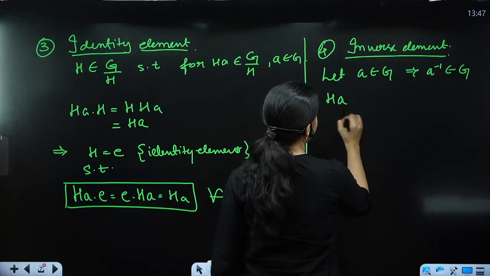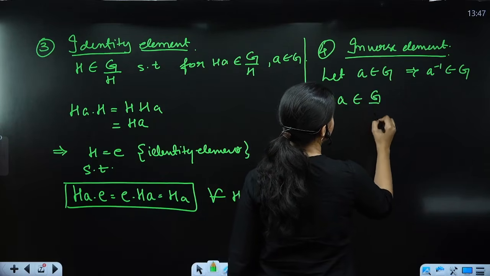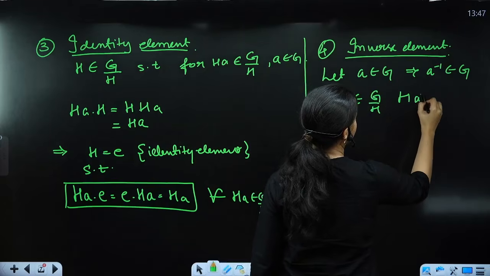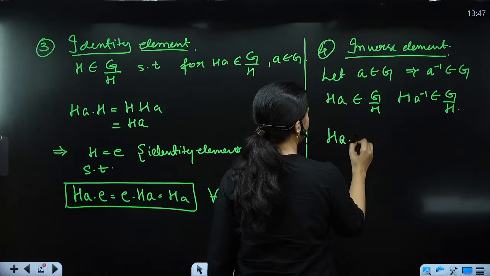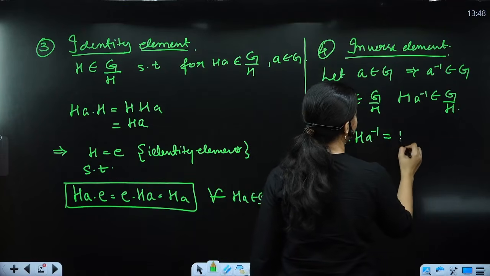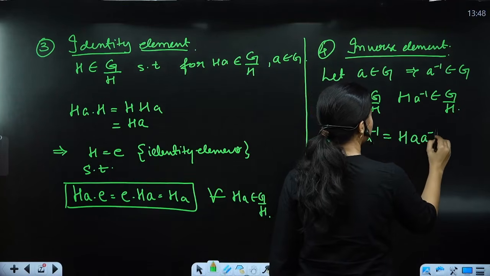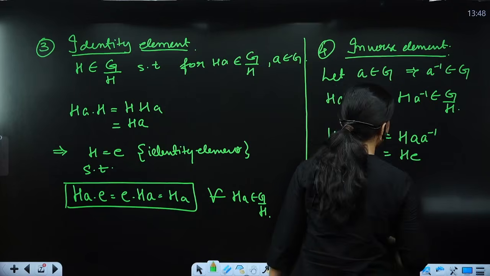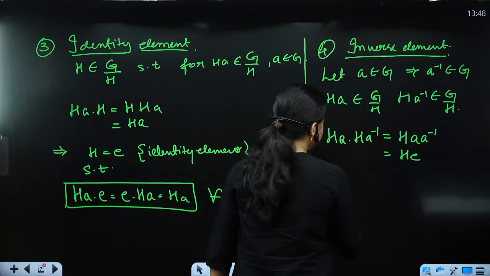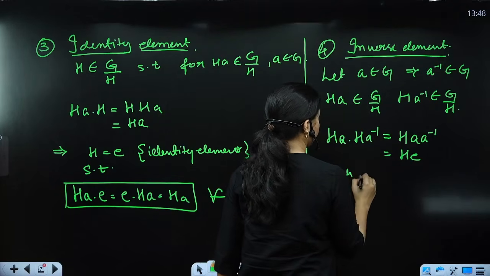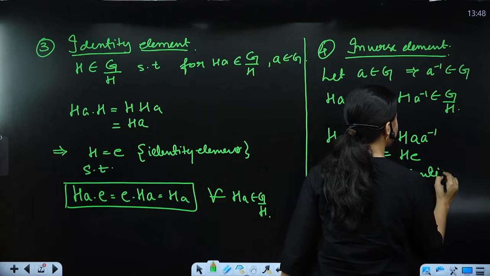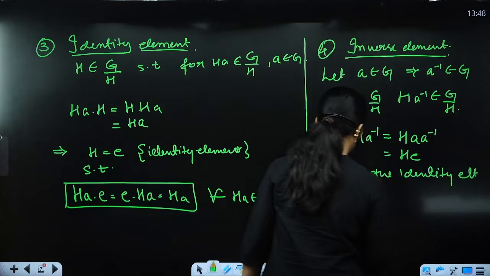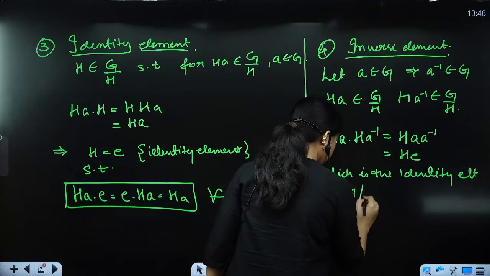This implies that HA belongs to G by H and HA inverse belongs to G by H, and HA dot HA inverse equals HAA inverse equals HE, right? Which is the identity element of G by H, right?